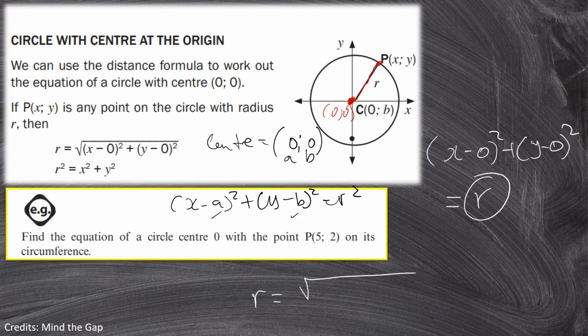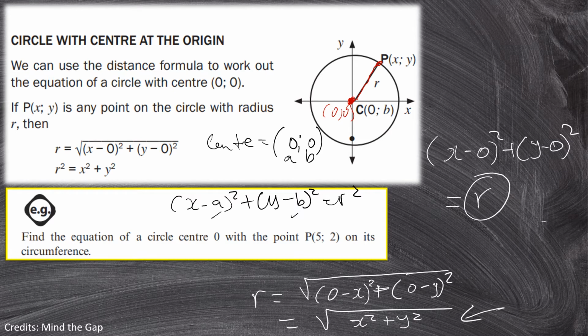Radius is equal to the root of what? x at origin, which is 0, minus x at P, which will have a certain value, squared, and y at origin, which is 0, minus y at P, squared. So after using that formula, you're going to have your distance.